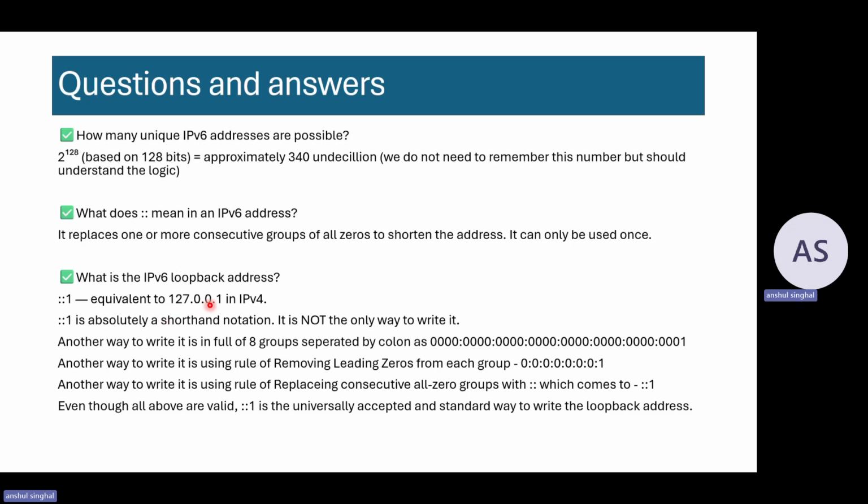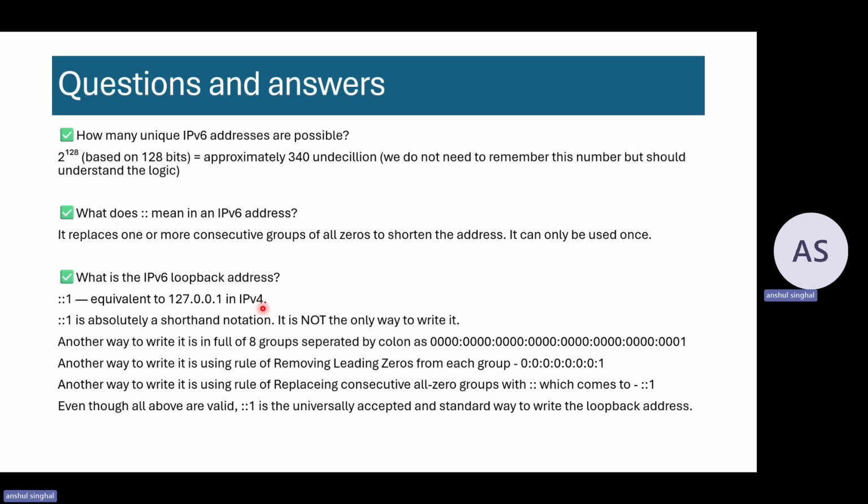We haven't covered loopback addresses so far for both IPv4 and IPv6, but just for example purposes, a loopback address is the address of the device itself. In the case of IPv4, it is 127.0.0.1.